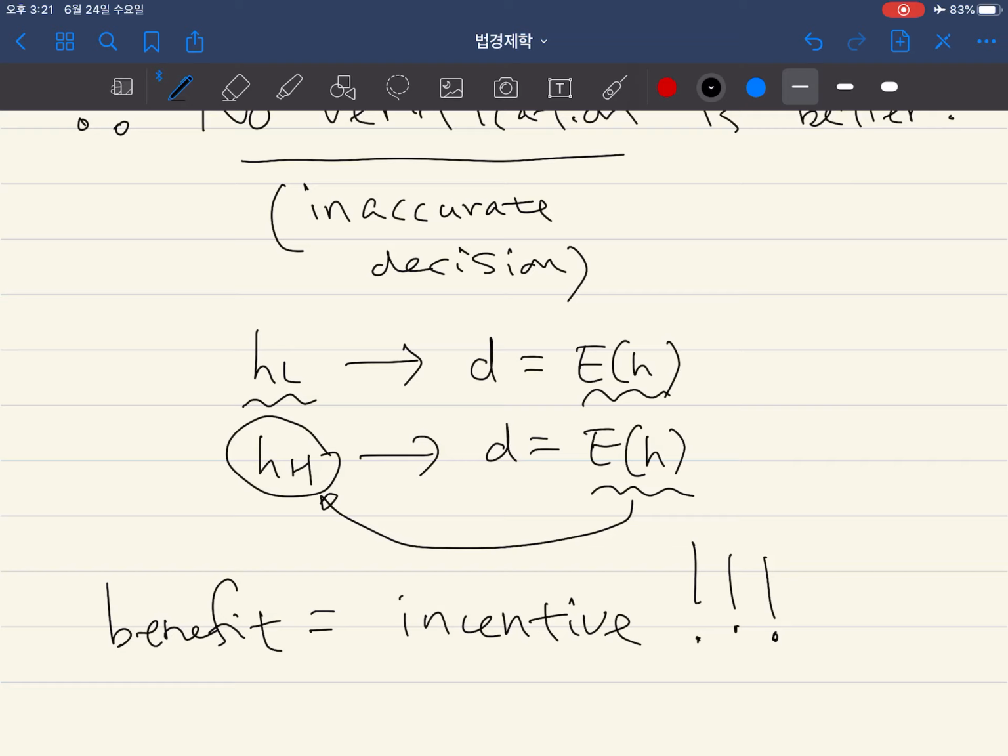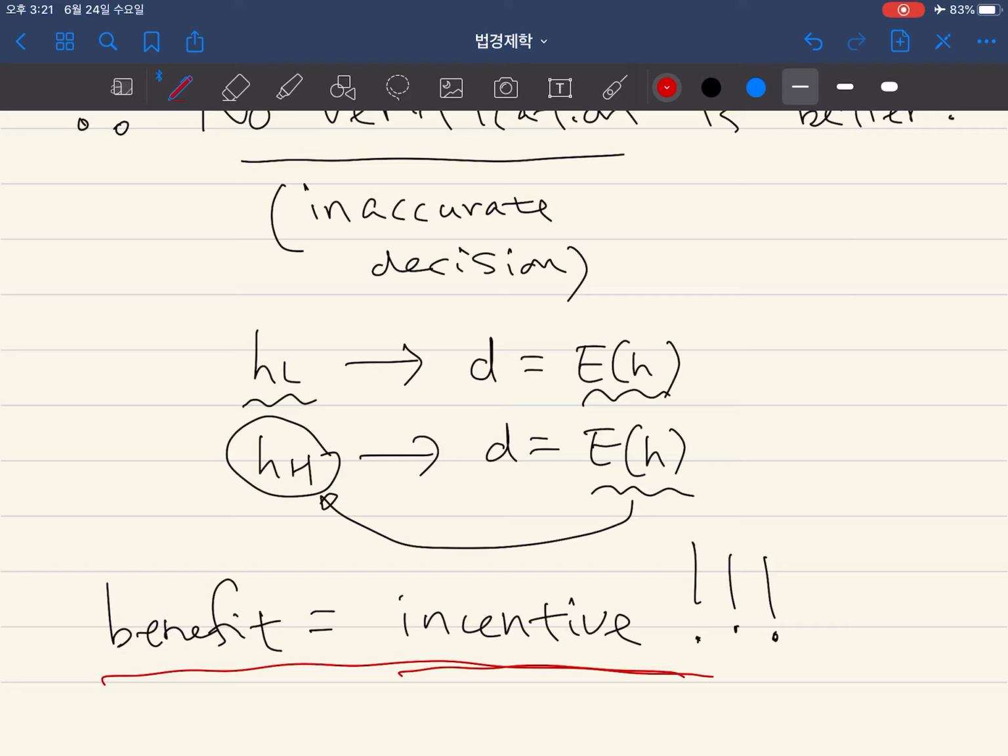So in general, in reality, there can be many other kinds of benefit from higher accuracy, but here, as economists, we think about this incentive effect as our benefit from higher accuracy. So our conclusion is, if there is no such desirable incentive effect, then there is no benefit from higher accuracy.